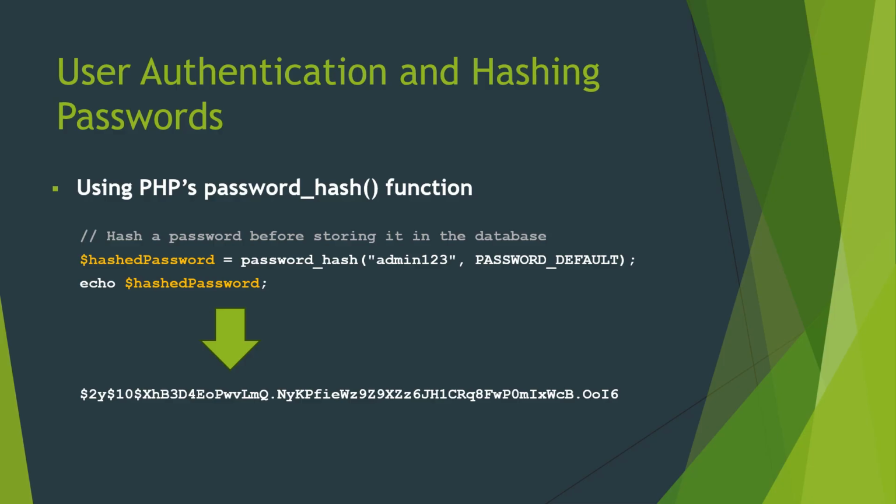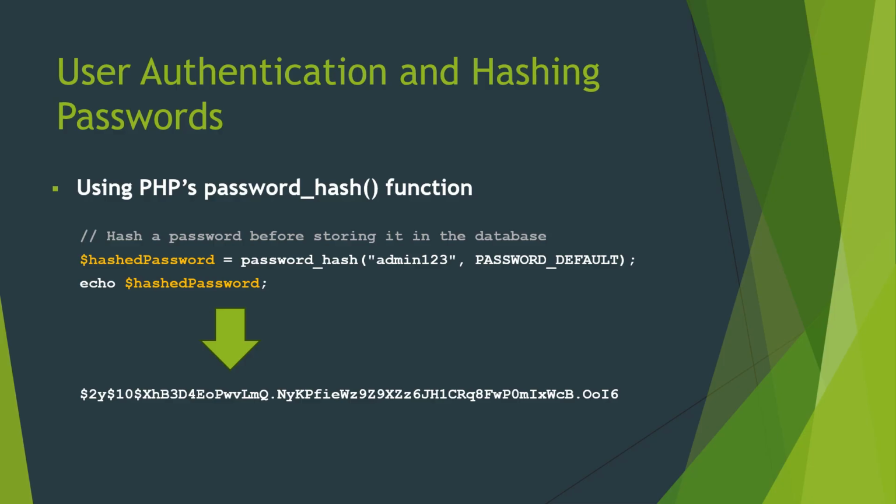So you have, say, a variable, and then you use the password_hash function, this built-in function, and then you would pass in PASSWORD_DEFAULT and admin123, which is the actual password. And then it would echo out whatever that hashed password is. And so this is what it would actually produce. So as you can see, the hashed password looks nothing like the original.